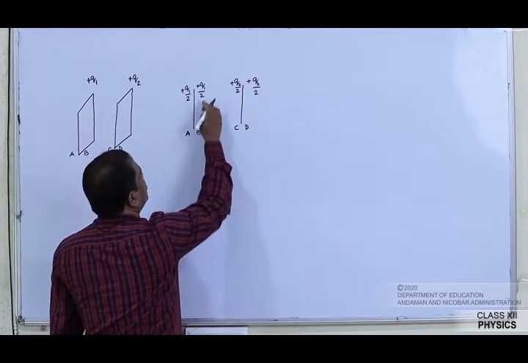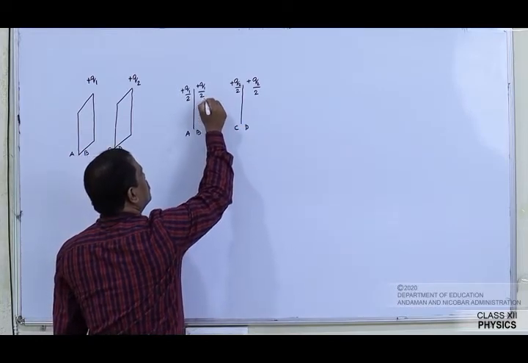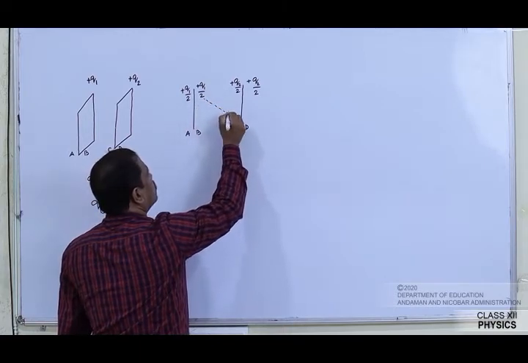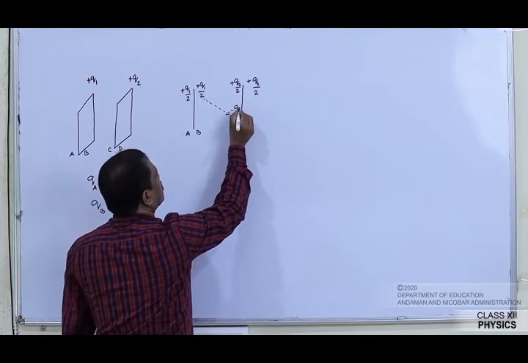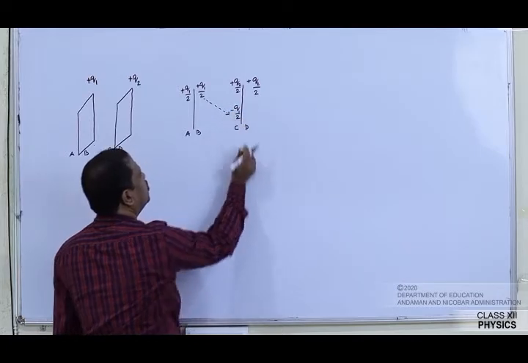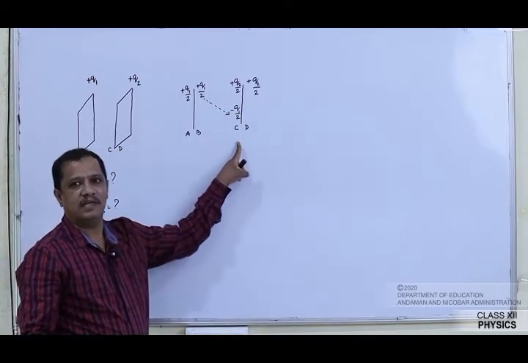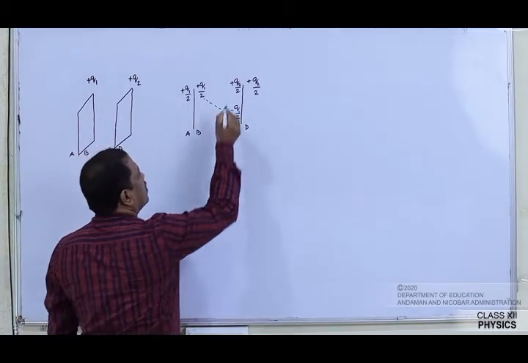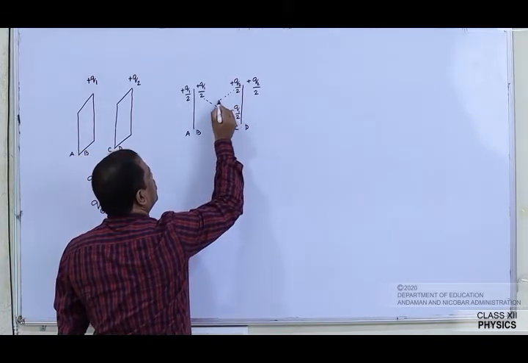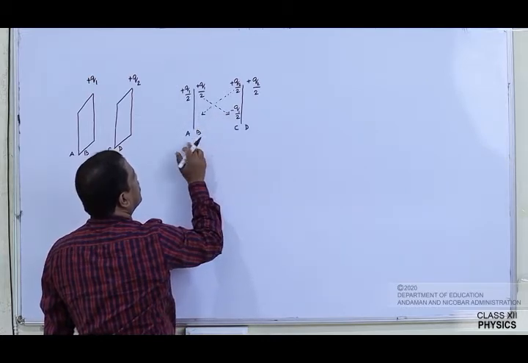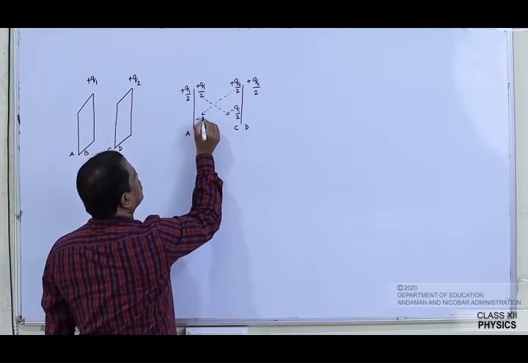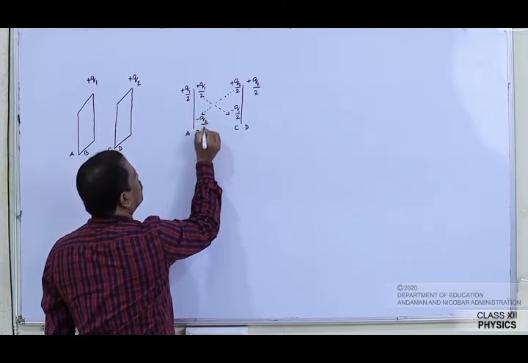The face B that has plus q1 by 2 will try to induce opposite charge on the facing face. So, minus q1 by 2 charge will be induced on face C. Similarly, the plus q2 by 2 on face C will induce minus q2 by 2 on face B of this conductor.